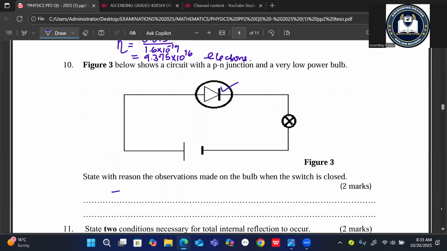So the first thing is you start with the observation: the bulb lights. Then you give the reason: the diode is forward biased. So that one goes straight.